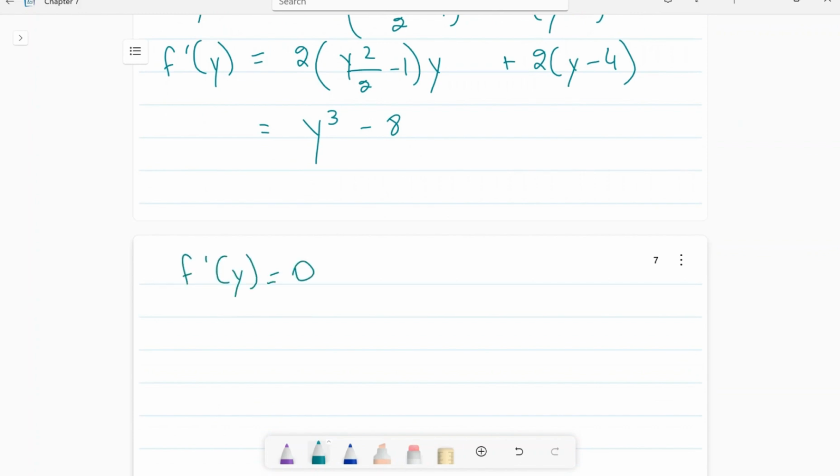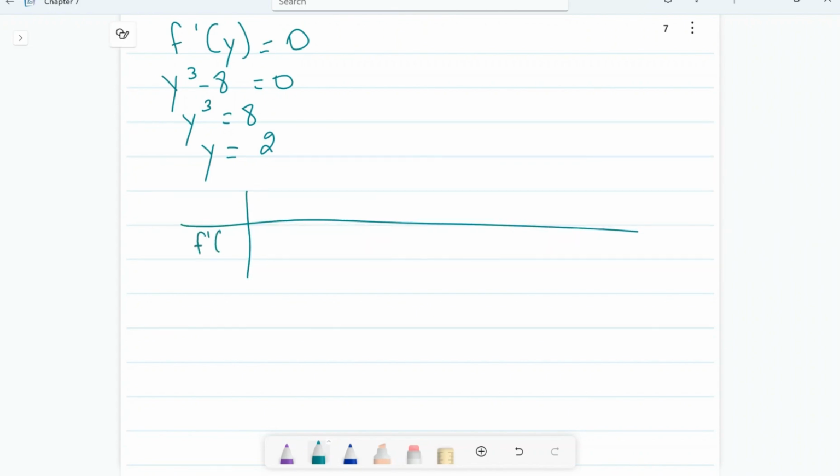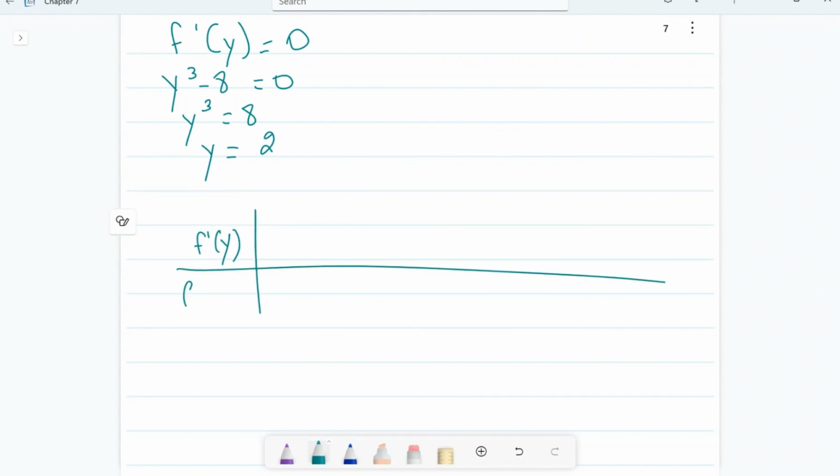So y cubed minus 8 is 0, so y cubed is equal to 8. This gives me y equals 2. What I do with this is the same as what I did in the question before it. So this is the derivative, and this is the function.